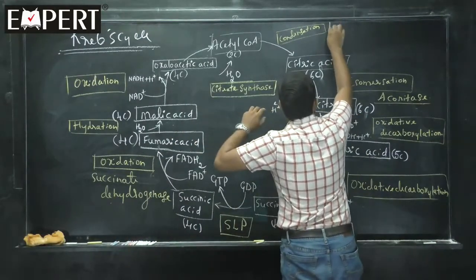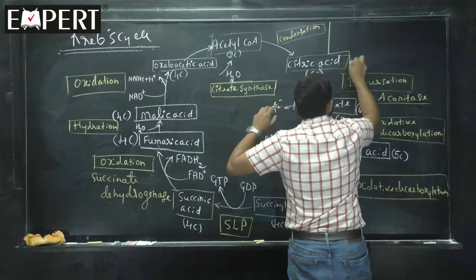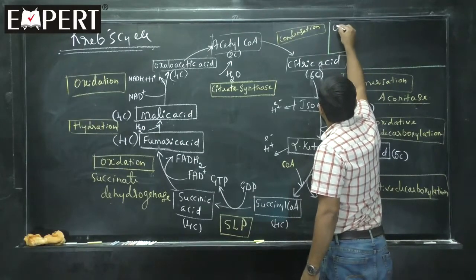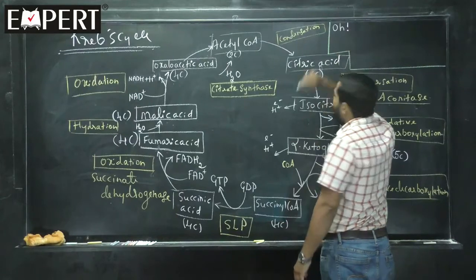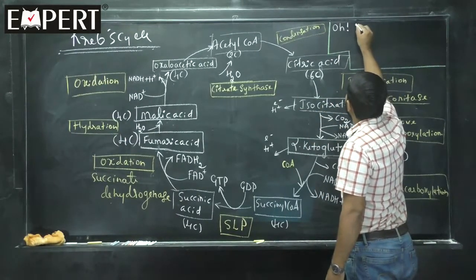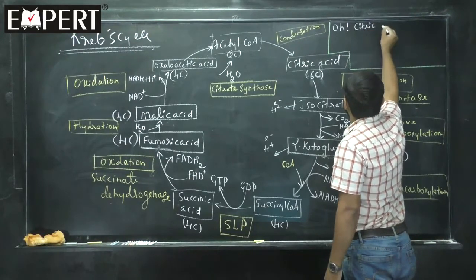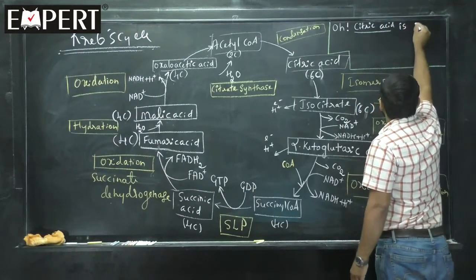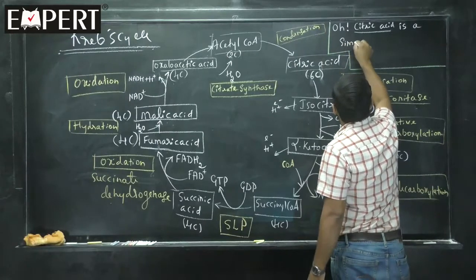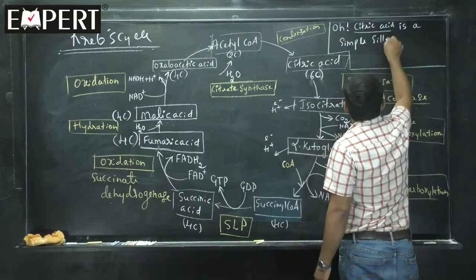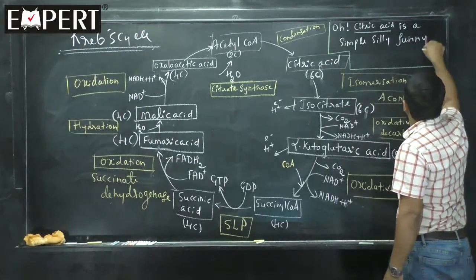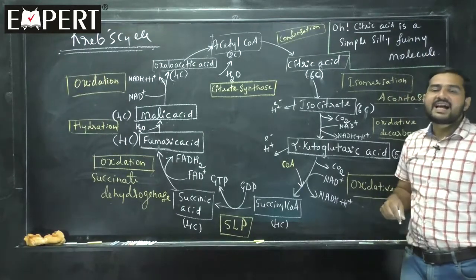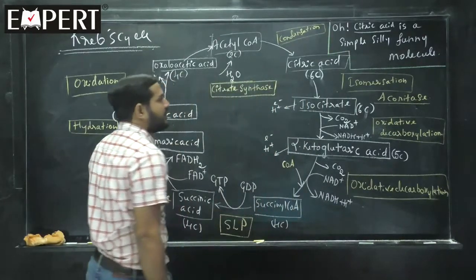See now, students, it starts like this: O, citric acid is a simple, silly, funny molecule.